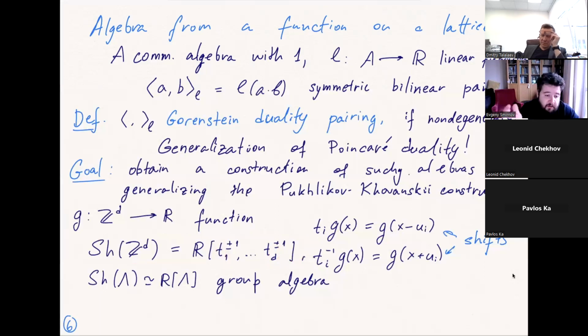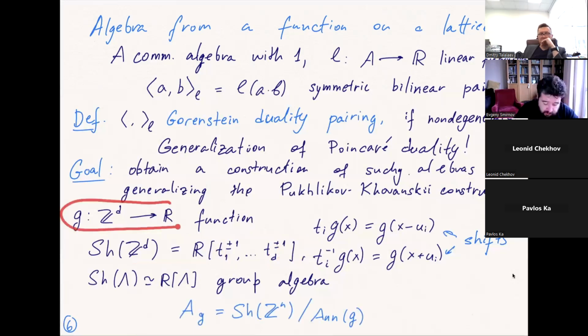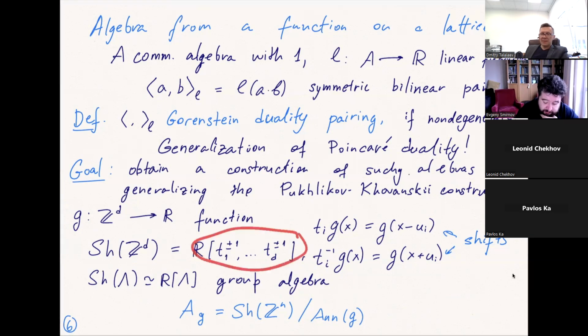This is basically the group algebra of my lattice acting on functions on it. And again, I can start with any function, and I can take its annihilator in the algebra of shifts. So its annihilator is the set of all combinations of shifts that make it vanish.